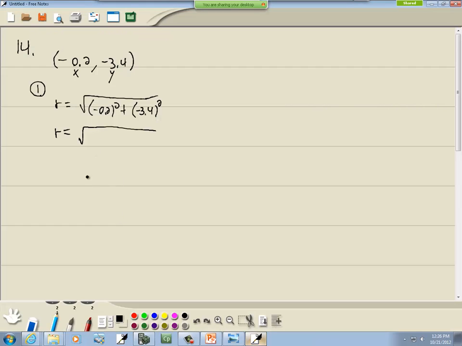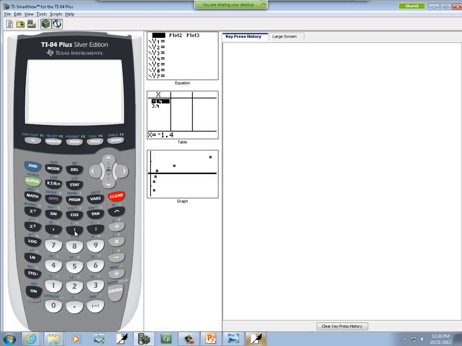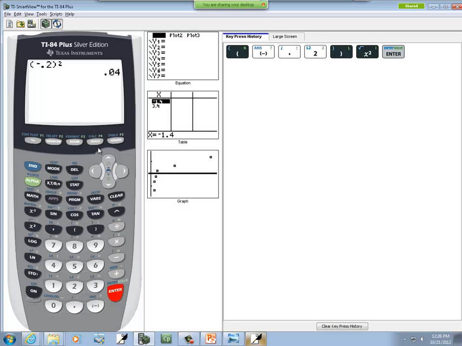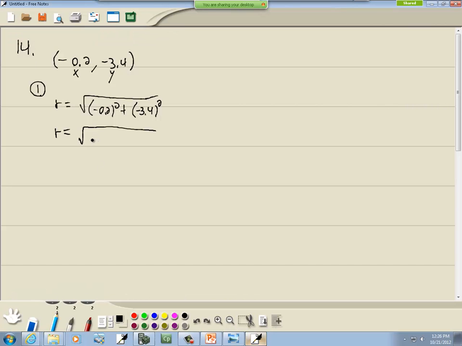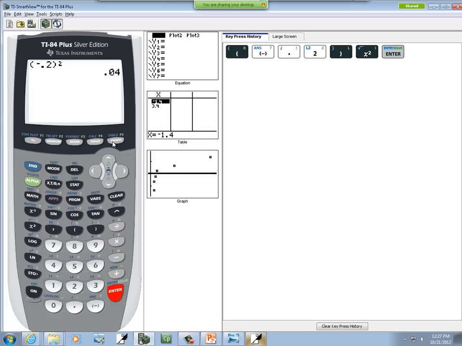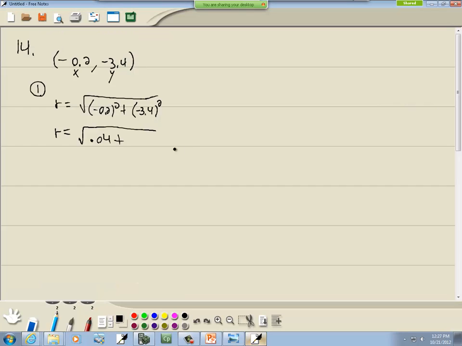So negative 0.2 squared: beginning parentheses, negative 0.2, closing parentheses, squared, enter. And we get 0.04. And then we'll do negative 3.4 squared. Put parentheses around it, then squared. And we get 11.56.